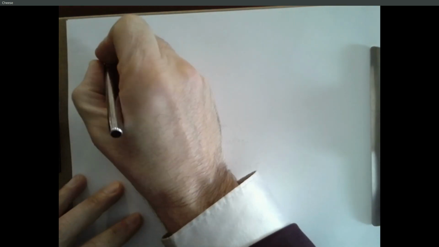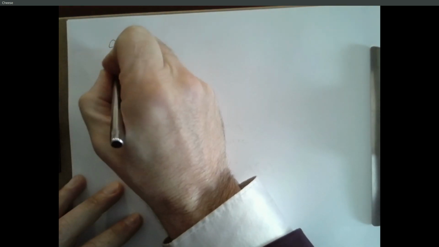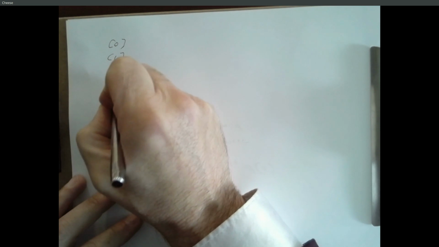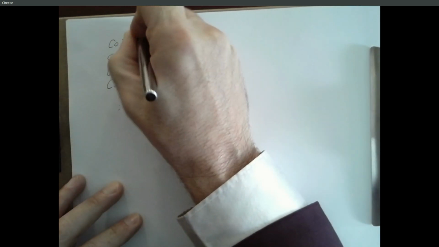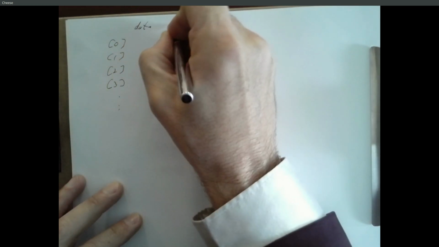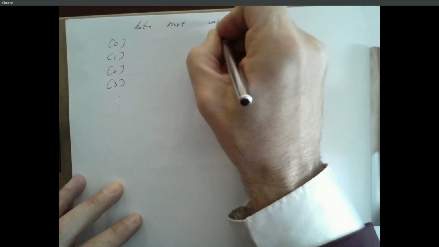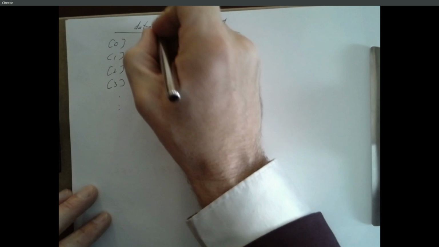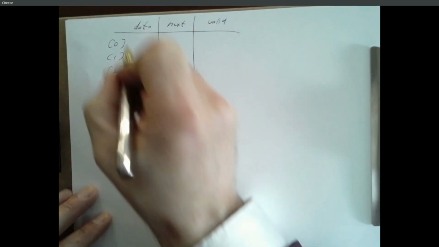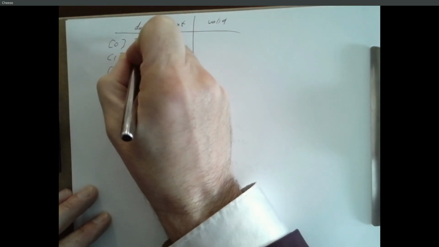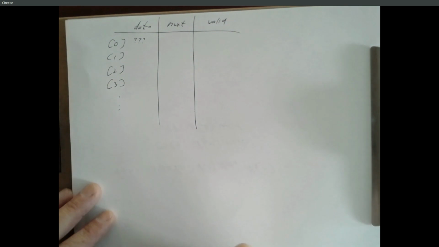So let's do a picture. And I don't think we're doing anything with the valid flag in here. So we don't care what's in the data field of the sentinel node.